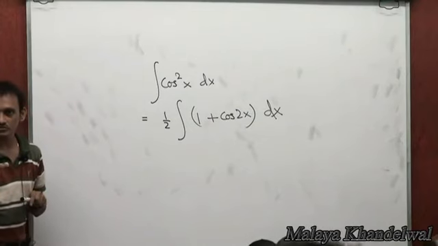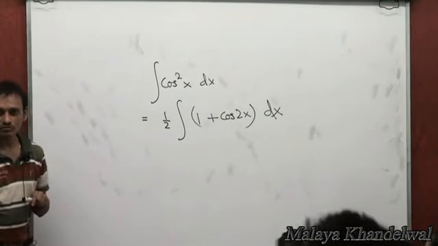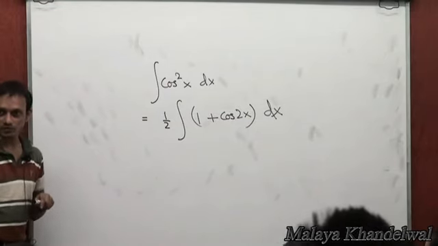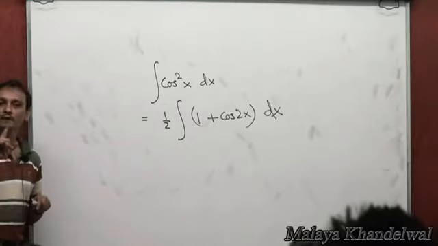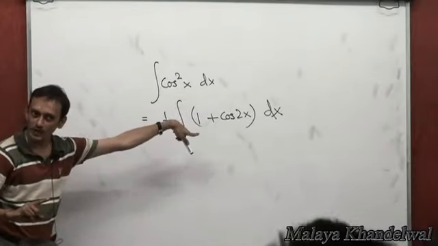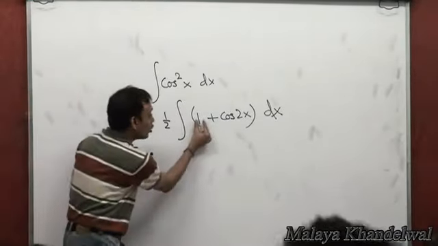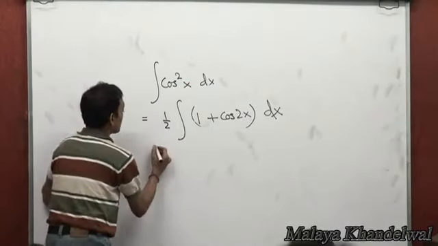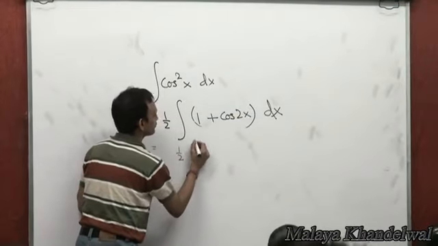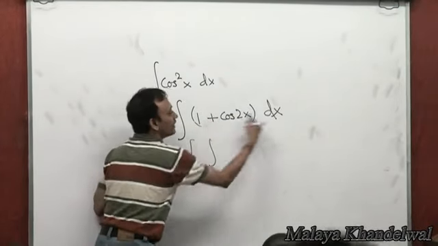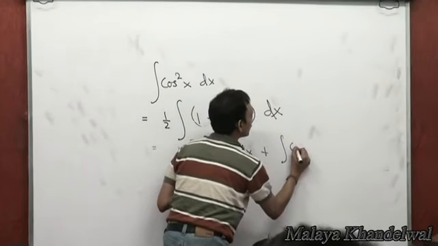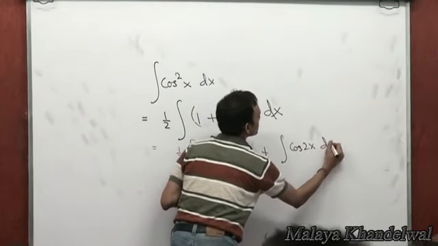You're not familiar with this result? Confused about this result a little bit? So cos squared x is half of 1 plus cos 2x. Then integral of the sum of two functions would be sum of the integrals. So this is like half of integral 1 into dx plus integral cos 2x dx.